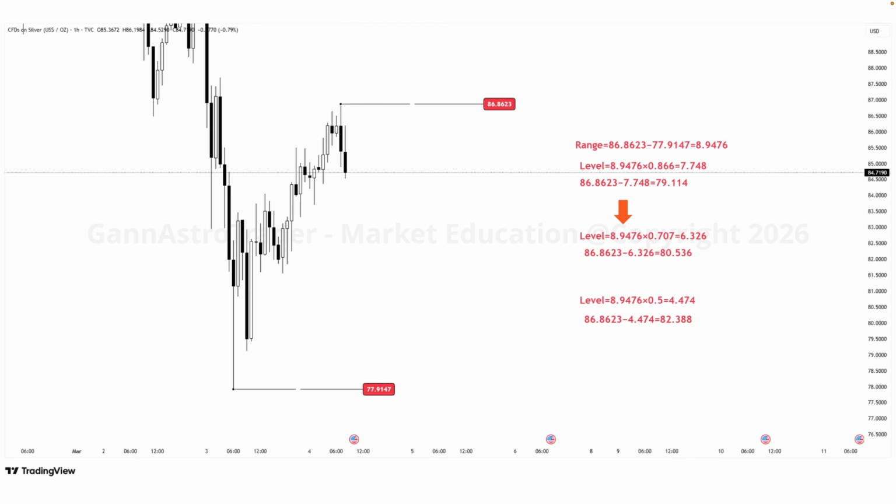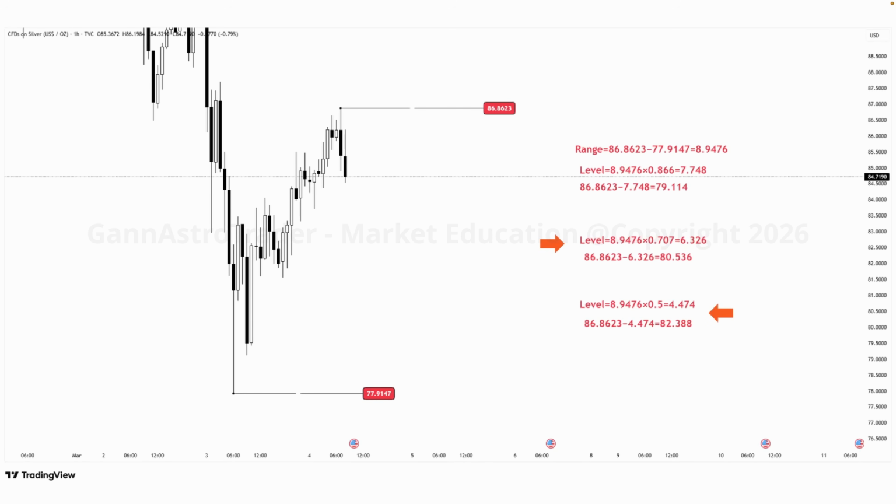In the same way, for 45 degrees, cosine is approximately 0.707. Multiplying the range by this gives a higher retained portion, resulting in a retracement level near 80.53. And for 30 degrees, cosine is approximately 0.866, which retains most of the movement, placing the retracement level near 79.11.